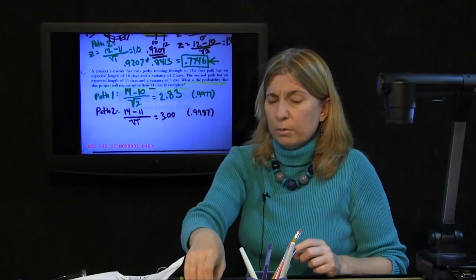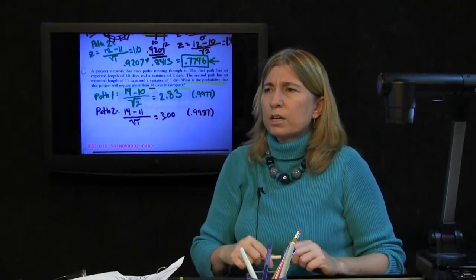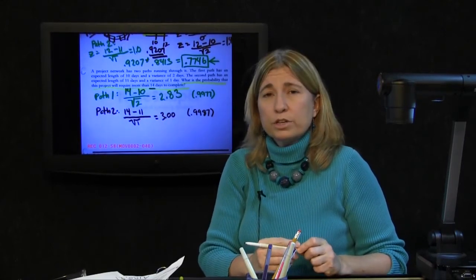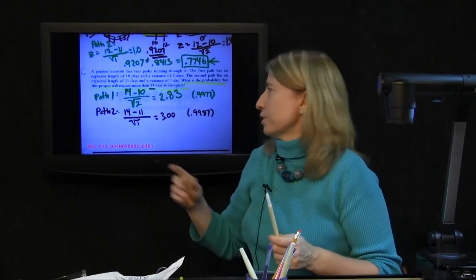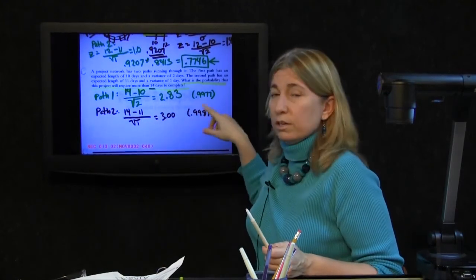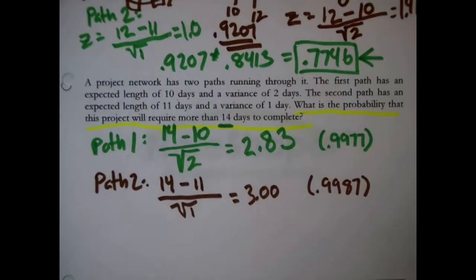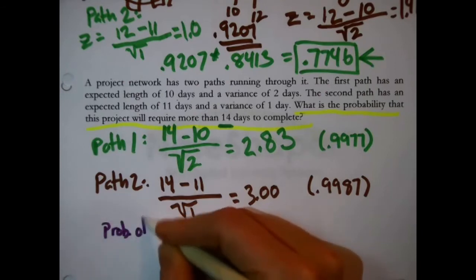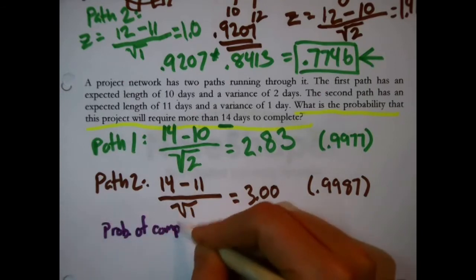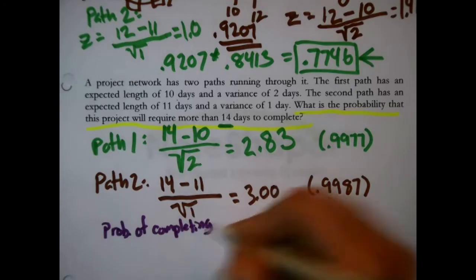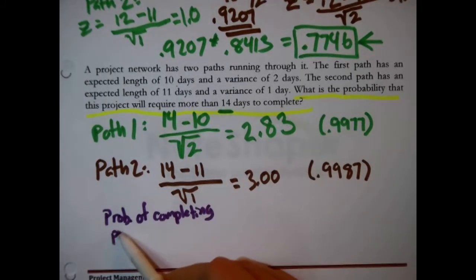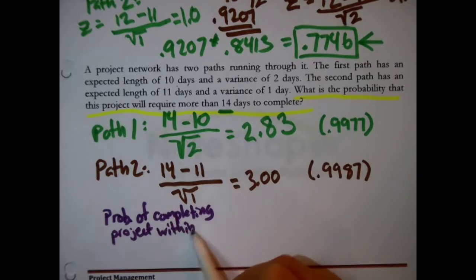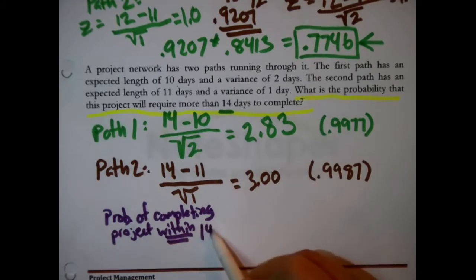Now, next step I recommend is let's determine the probability of getting done with the project within 14 days. Oh, because that's an easy next step. Here are the individual probabilities. Probability of completing, and now I'm being careful to label, project within 14 days.